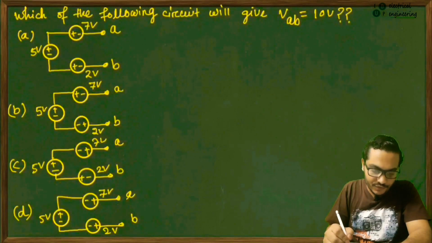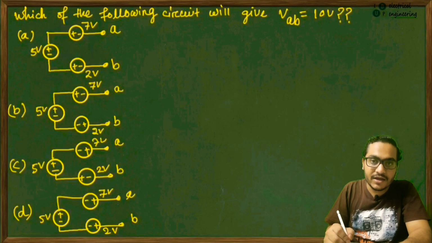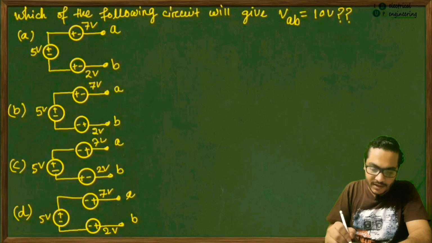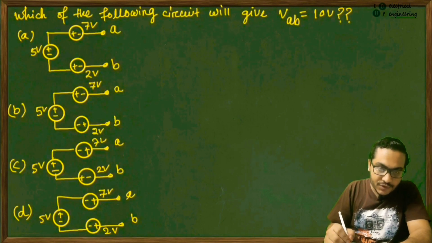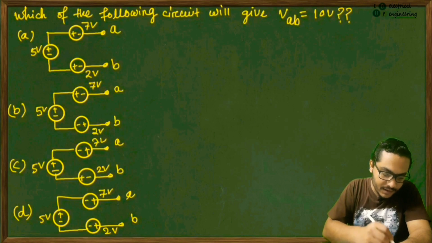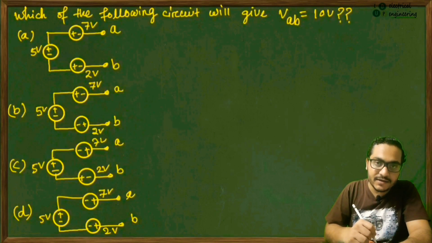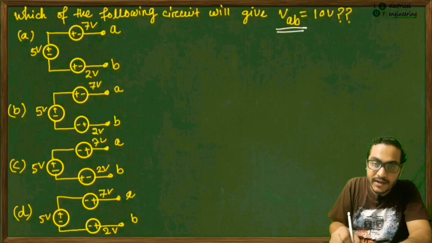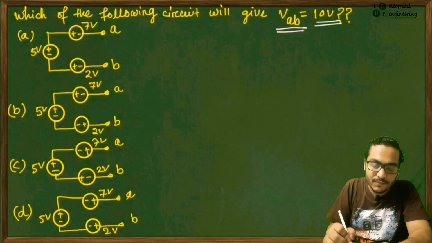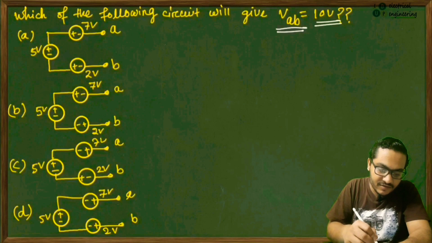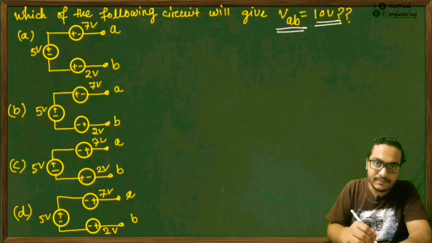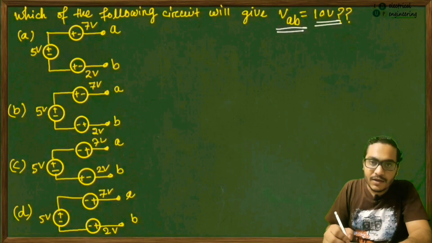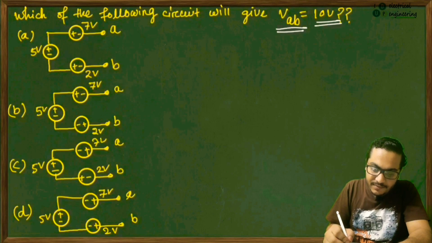This is a very basic question, which is based on the concept of Kirchhoff's voltage law. In this question we have to tell which of the following circuits gives a voltage of VAB equal to 10 volt, that is the voltage across points A and B. Here the voltage AB is given as positive 10 volt.